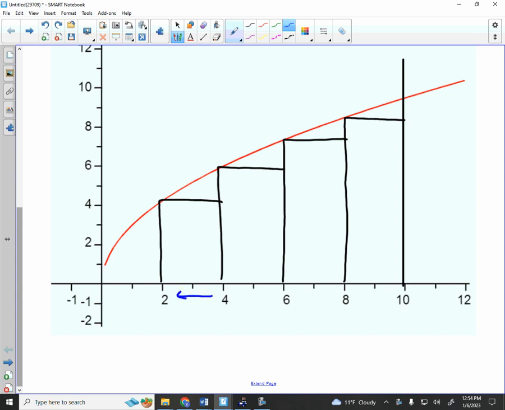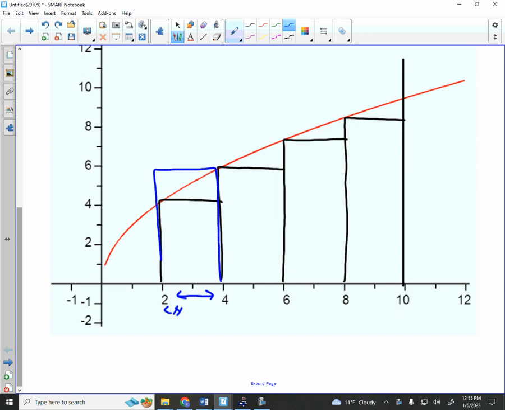Do you see this rectangle right here, the one between 2 and 4? See how I drew the height from 2 up to the function? So I focused on the left-hand side of the interval. You see that? Now I'm going to draw it to the right-hand side of the interval. So watch the blue ones I draw. Look at this rectangle.